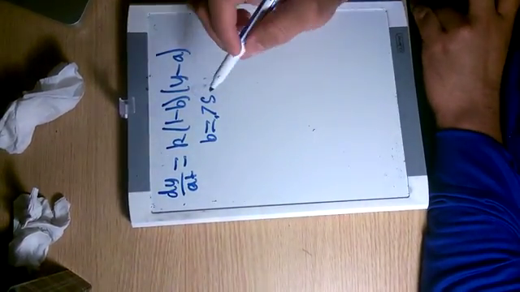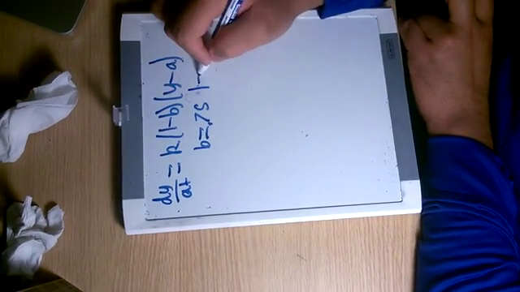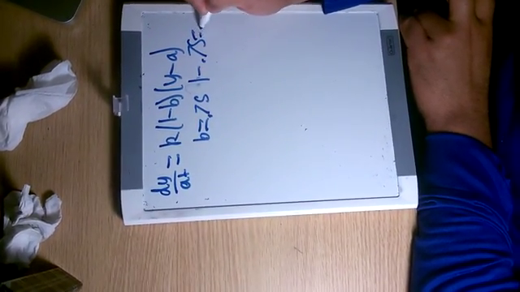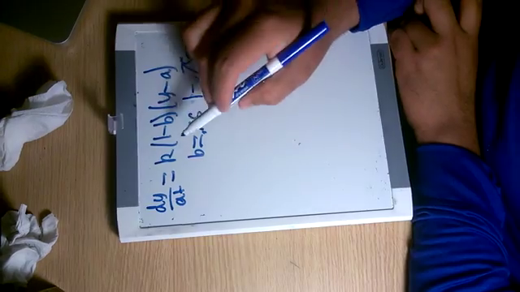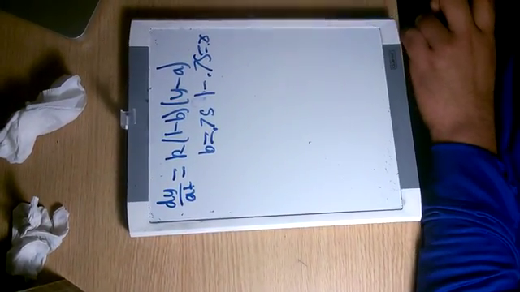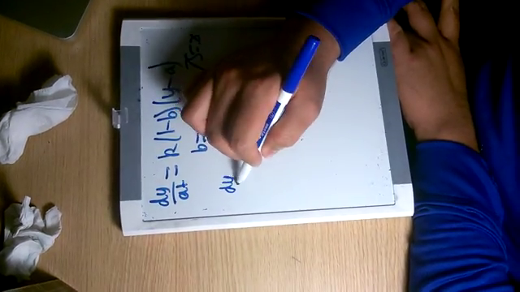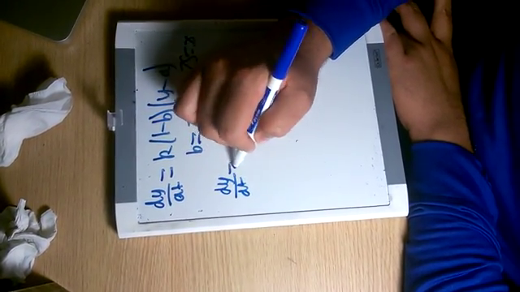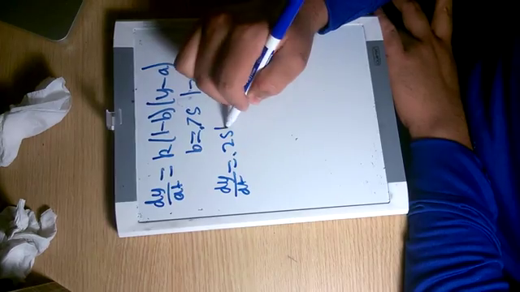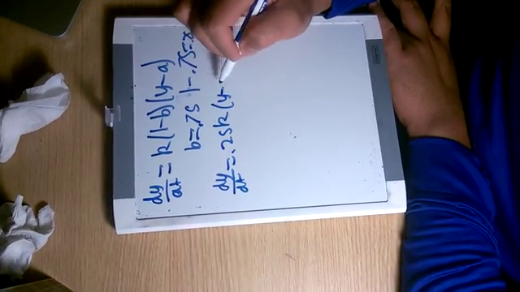So 1 minus 0.75 equals 0.25, and our new equation looks like dy/dt = 0.25k(y - a).